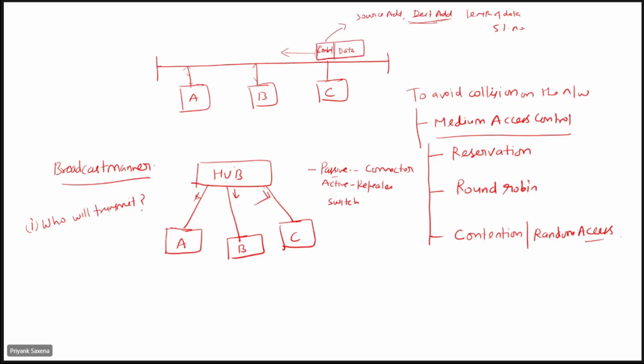Because as I told you, some of the stations may have more data for transmission. Every station has its different requirement. Some stations may be greedy and have a lot more data to send, while other stations may not have any data to send, right? So depending on the type of traffic generated by a particular node, this priority is decided.